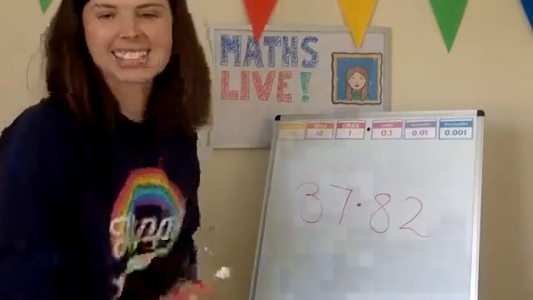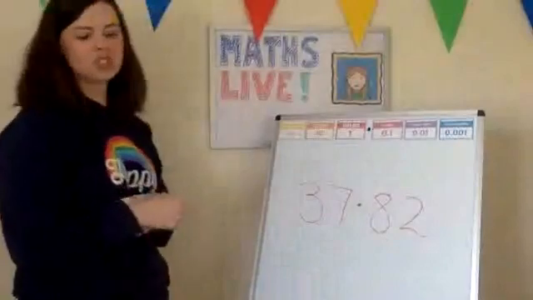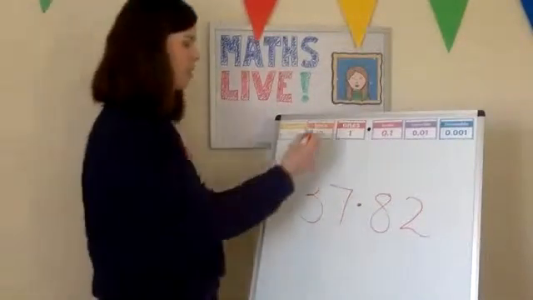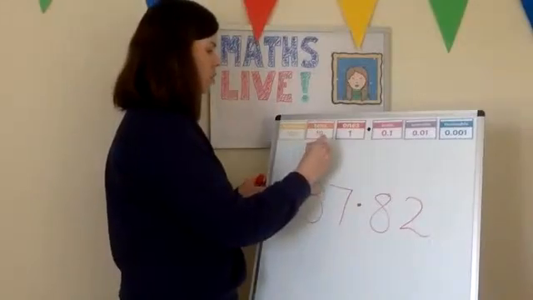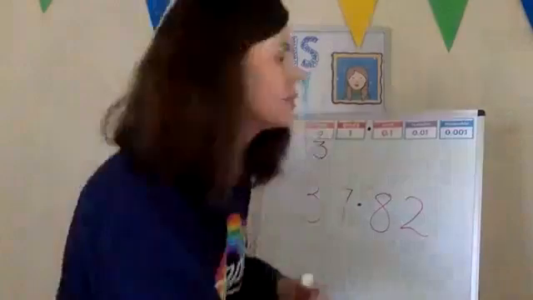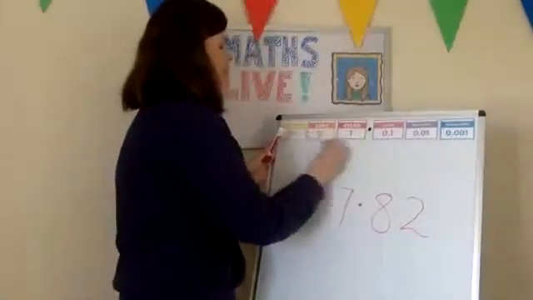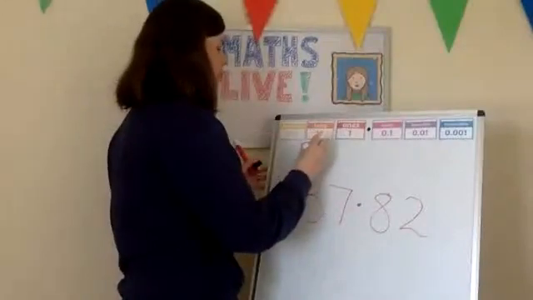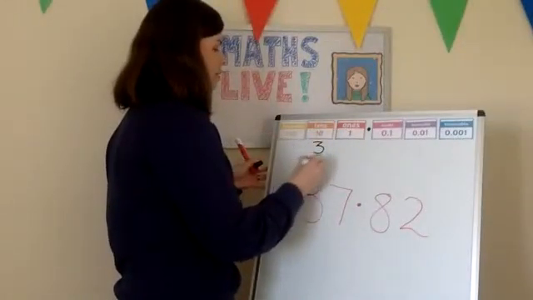Okay. Hi, Esther. Okay, so I asked you which digit is in the tenths place. So if I move the number back up here, we've got 3 tens, we'll use a different colour pen so it's a bit clearer. We've got 3 tens, which is 30.